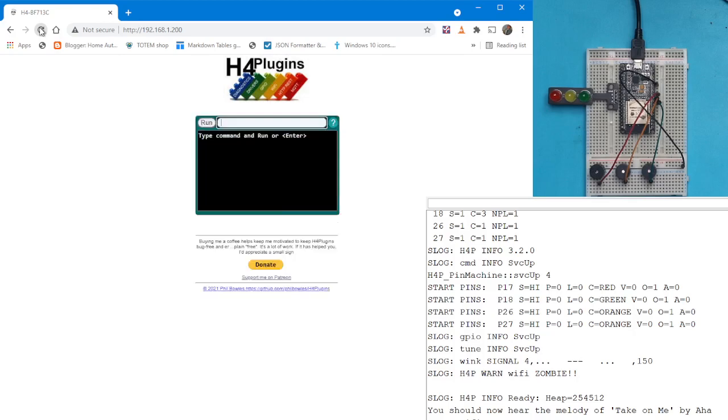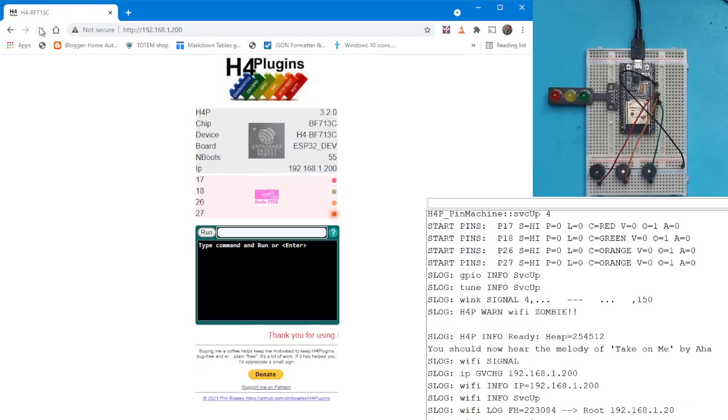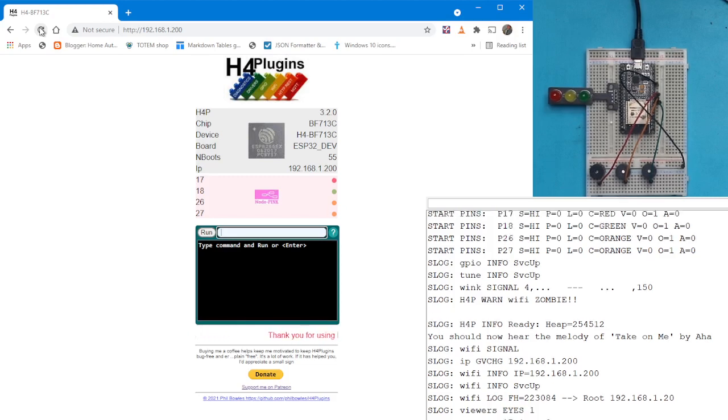Refresh the UI. So far, so good. Okay, 5 semitones lower now. All on one buzzer this is. You don't get the full magic till the end.